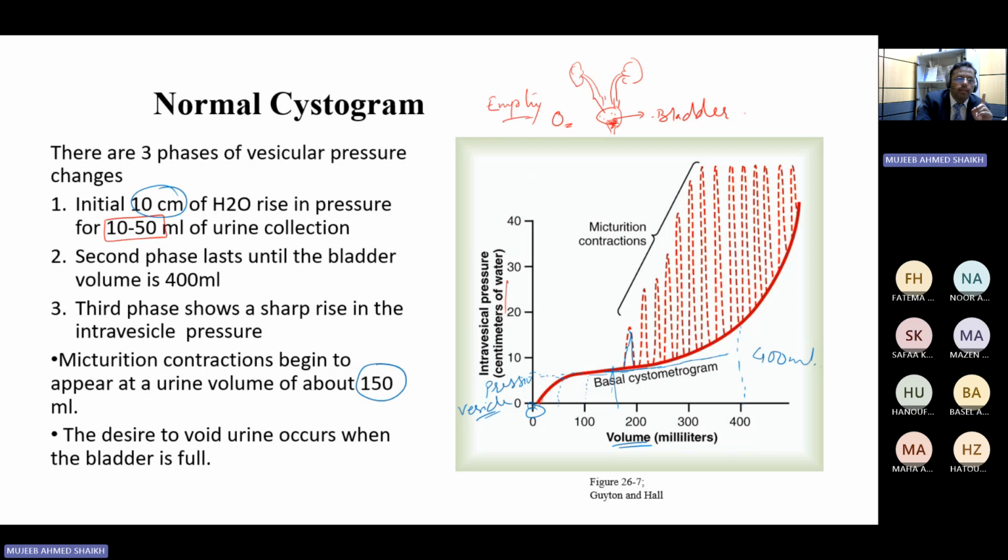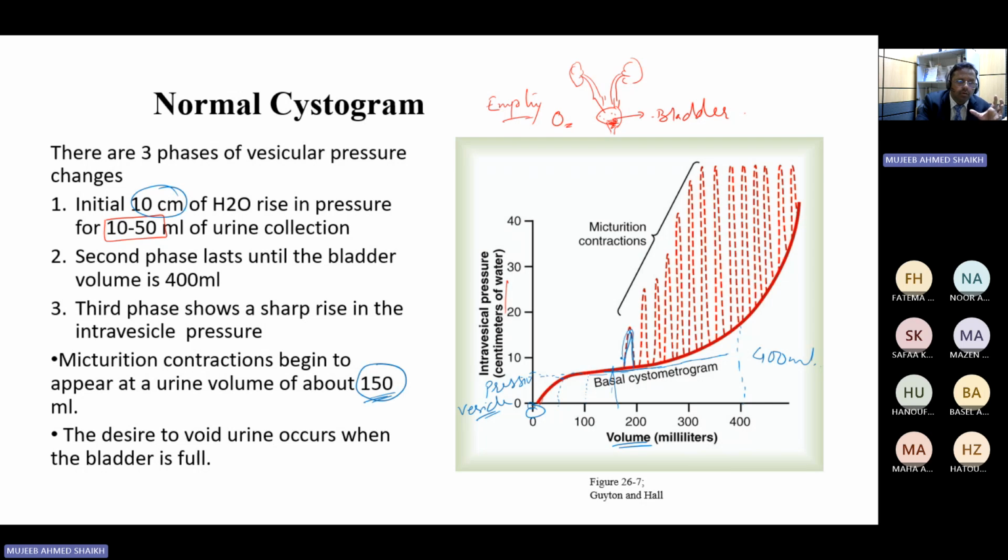Please note, when the fluid enters into the bladder, the pressure will slowly increase. A time will come when around 150 ml of the urine is collected in the urinary bladder. That time, for the first time, the person will start to feel the contraction of the bladder.